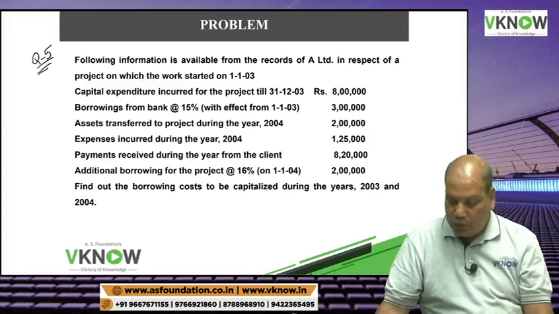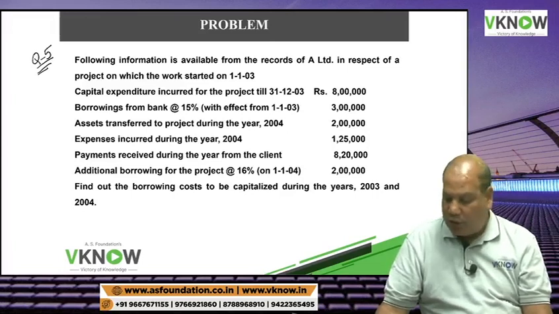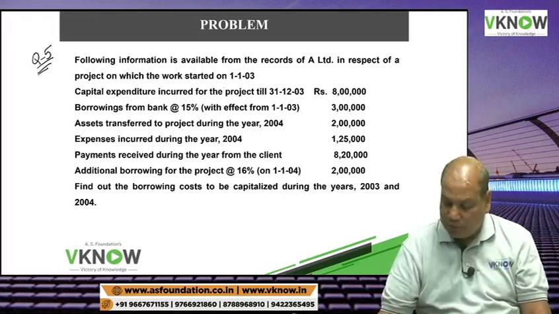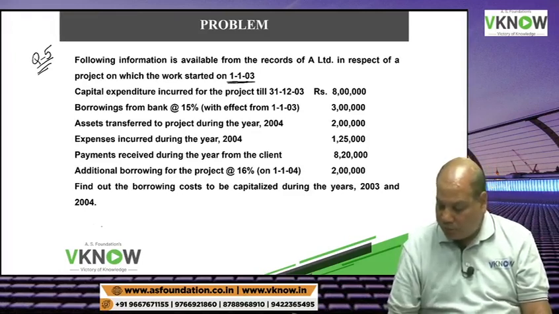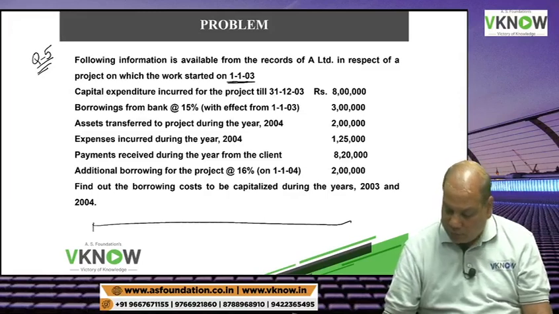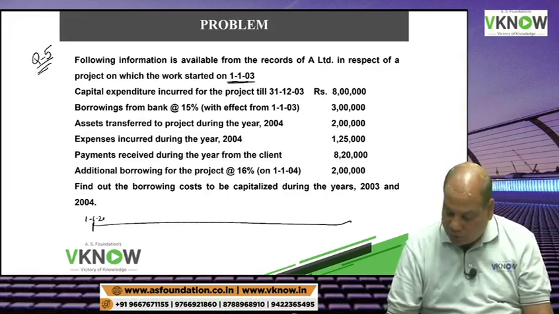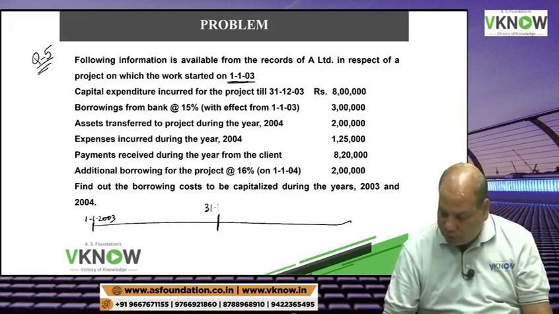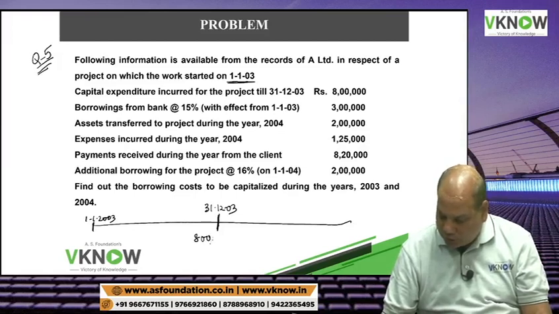Following information is available from the records of A Limited in respect of a project which started on 1st January 2003. Capital expenditure incurred on the project till 31st December 2003 is 8 lakh.